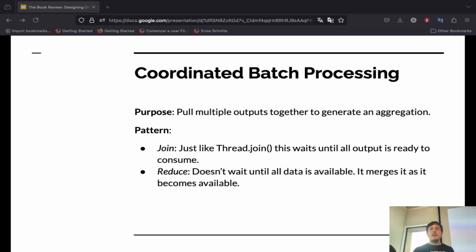So it blocks the output until data is available. And then we have reduce, which doesn't wait until all data is available, but can produce maybe intermediate solutions, or do some work while it's waiting for the work to be completed.